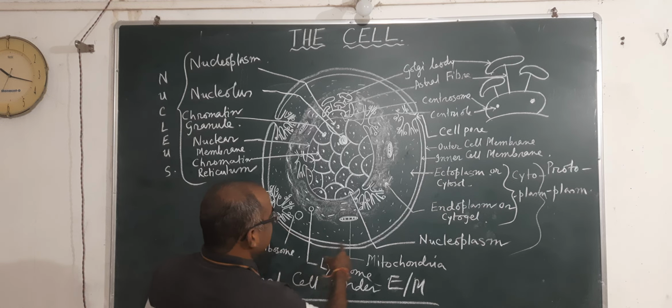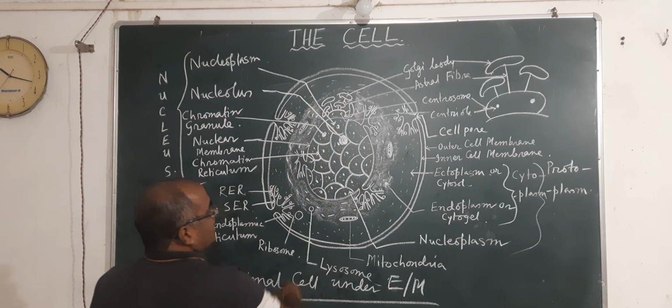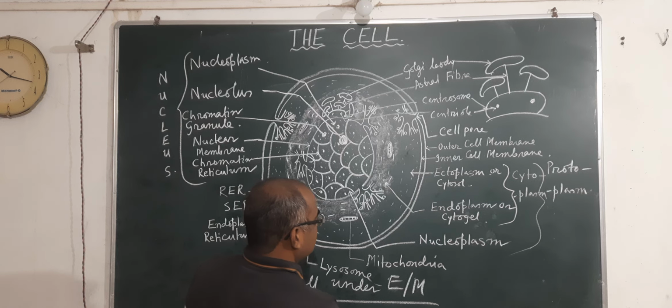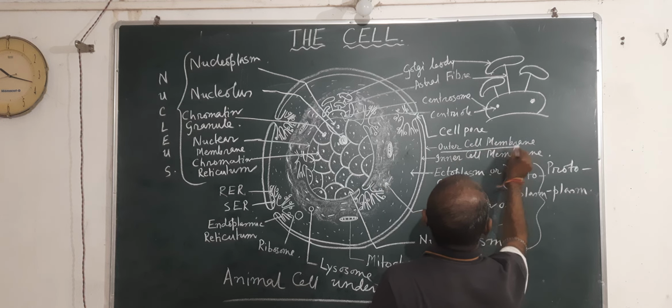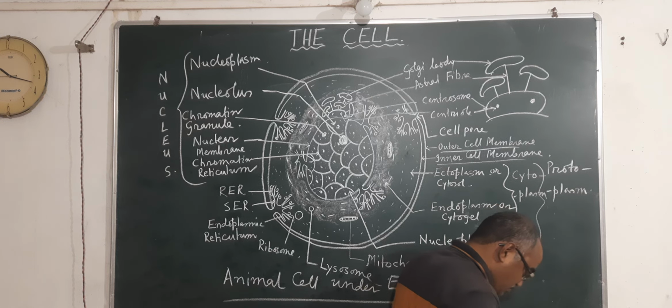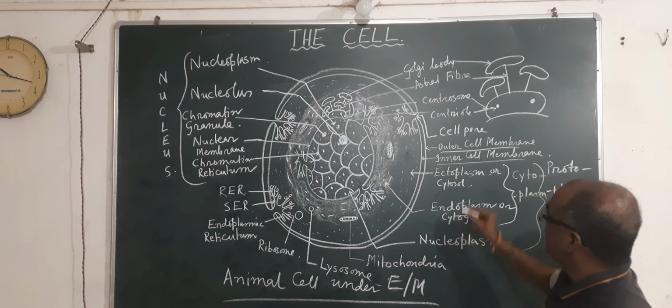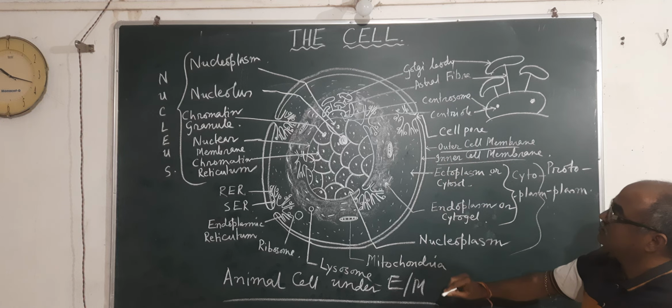Here you see this is the cell membrane. Cell membrane is bilayered, so there is an outer cell membrane and an inner cell membrane, two layers.